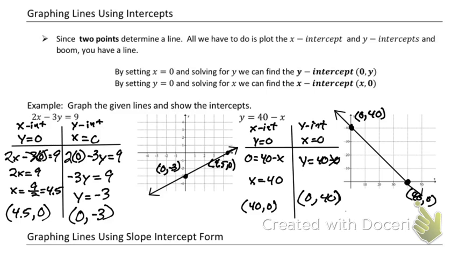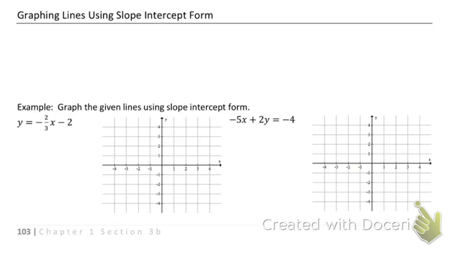The next one we're going to talk about is using slope-intercept form. Who remembers slope-intercept form? Yep. y equals mx plus b. What is the m? Yeah, it is slope.